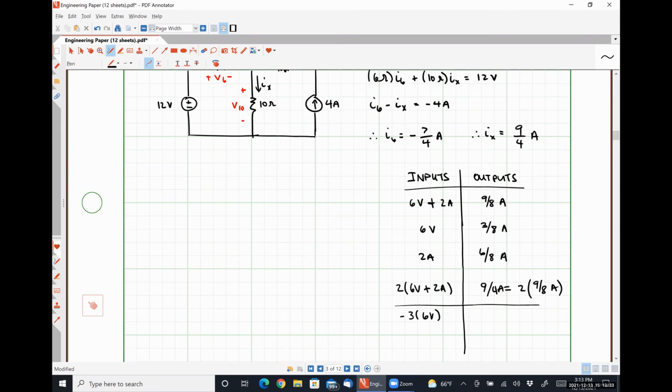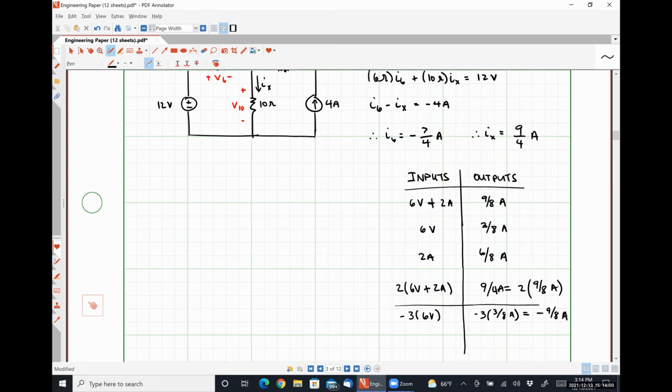So when I had 6 volts, my output was 3/8 of an amp. So if I scale my input by a factor of -3, I should scale my output by a factor of -3. And so I can take -3 times 3/8. So I should get -9/8 of an amp.